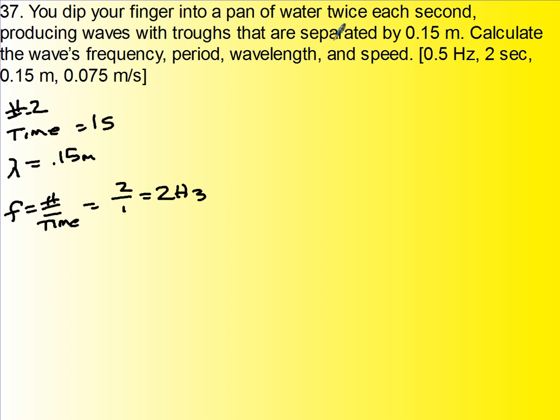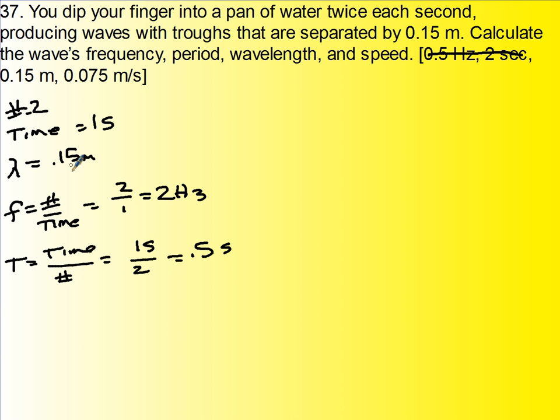Twice each second. Yep, so these are backwards. All right. The period is the total time divided by the number of cycles. The total time is 1 second. The total number of cycles is 2, so this is 0.5 seconds.